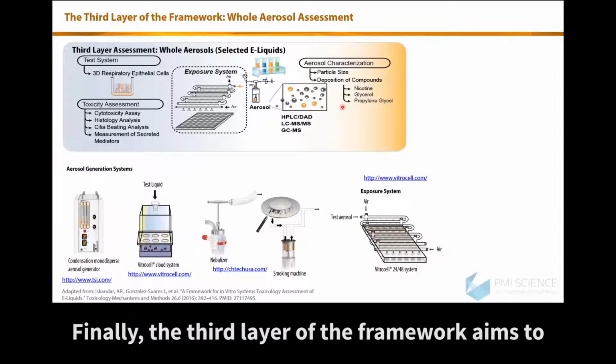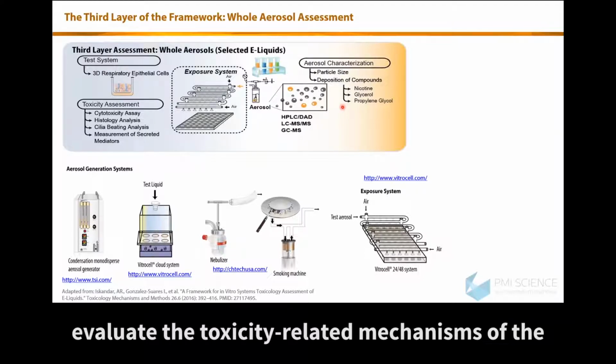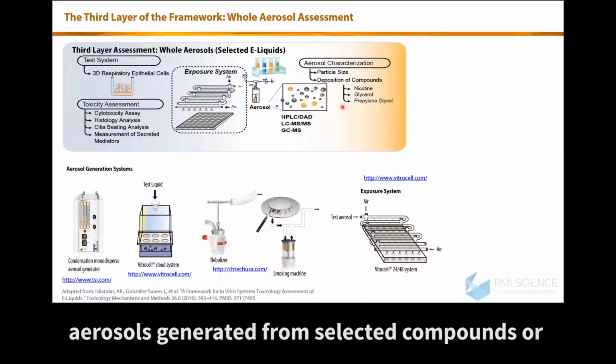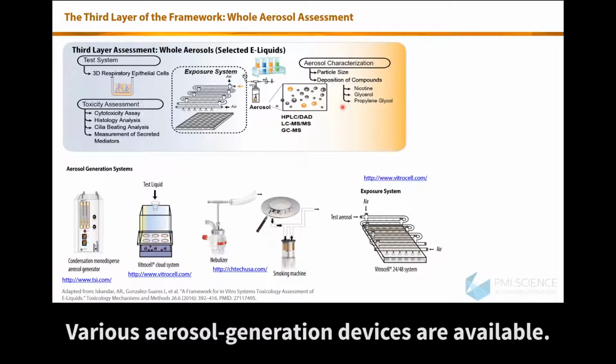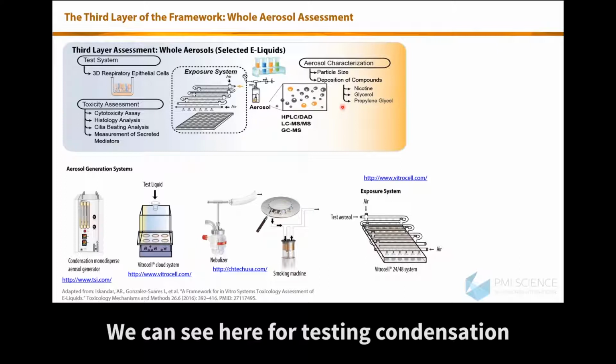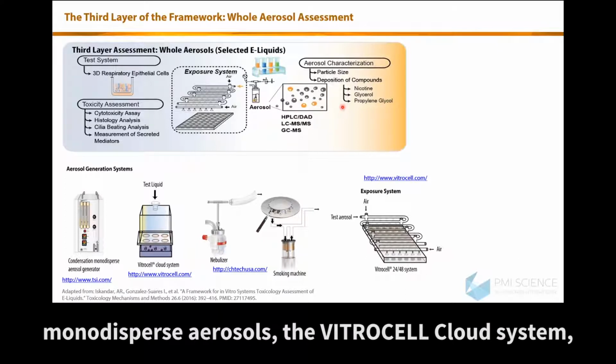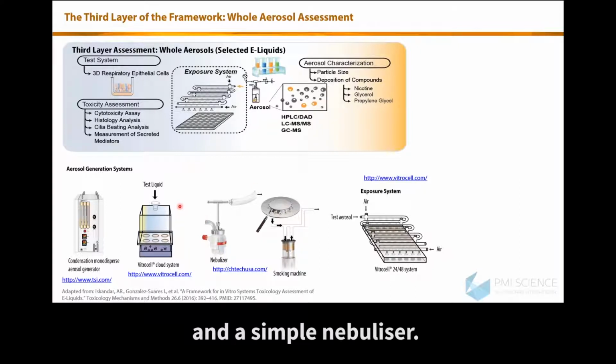Finally, the third layer of the framework aims to evaluate the toxicity-related mechanisms of the aerosols generated from selected compounds or formulations. Various aerosol generation devices are available, as we can see here, such as the condensation monodispersed aerosol generator, the Vitrocell Cloud system, and a simple nebulizer.